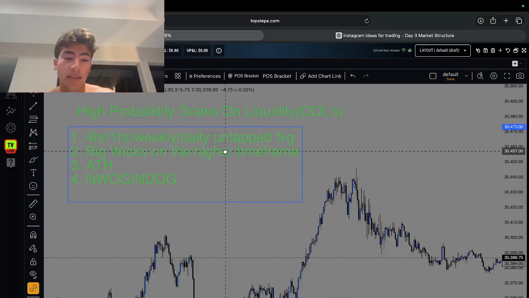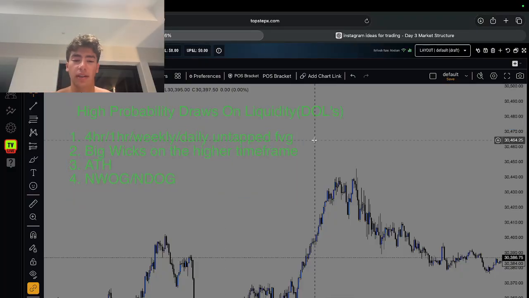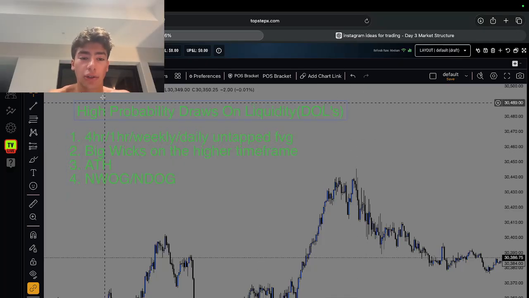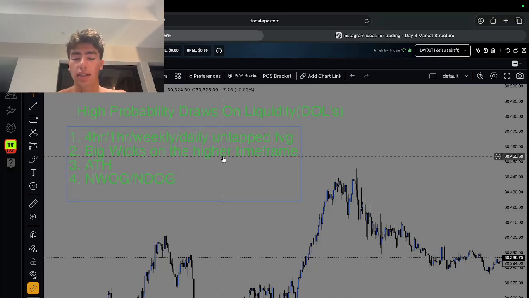These are the main ones that are really good. So write those down. Now I'm just going to go into the chart and show you guys what each one of these looks like so you could be able to identify them.